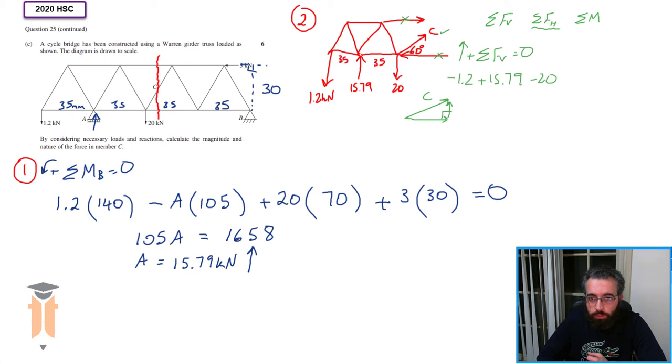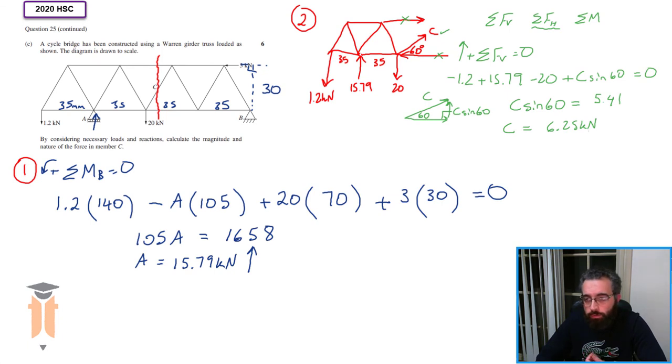This is the right angle here, this is 60 degrees, so this one here is going to be opposite, so it's going to be C sine 60, and it's going up, so it's positive. So plus C sine 60 equals 0, and then from here we just simply solve it. So we have C sine 60 and put all the other stuff to the other side equals 5.41, and then divide both sides by sine 60 and you get C is equal to 6.25 kilonewtons.